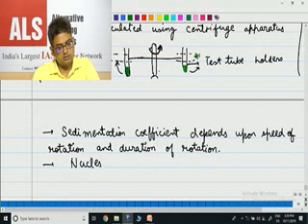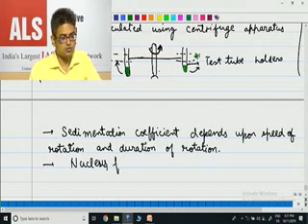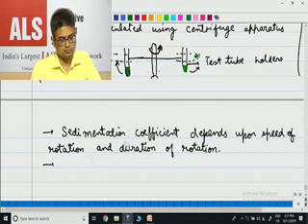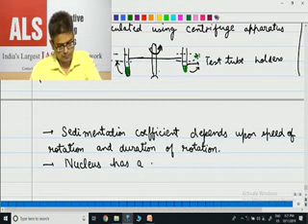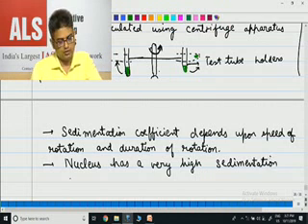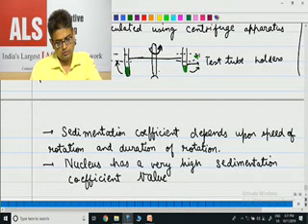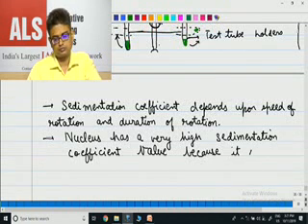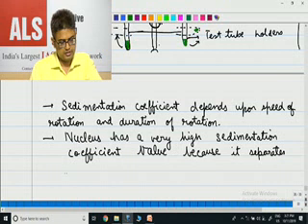So, nucleus, for example, has a very high sedimentation coefficient value, because it separates first.